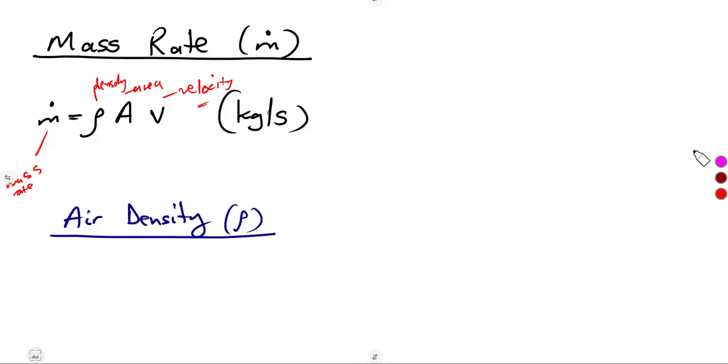The density of air is influenced by the temperature, pressure, and humidity. So air density refers to the mass of air per unit volume.